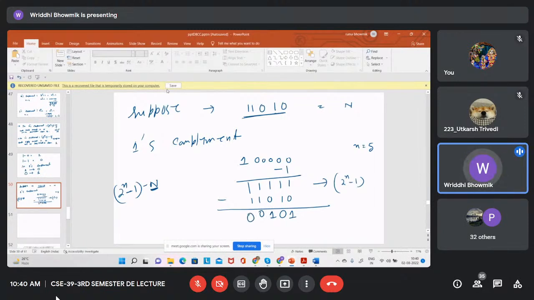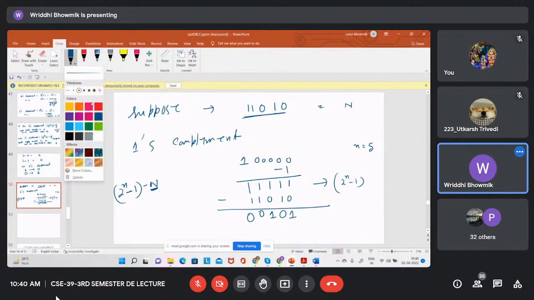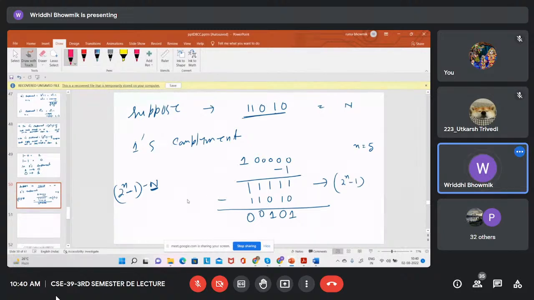So simply you are changing 0 to 1 and 1 to 0. This is 2 to the power n minus 1 minus capital N, which is actually your one's complement. So just check these two quantities.